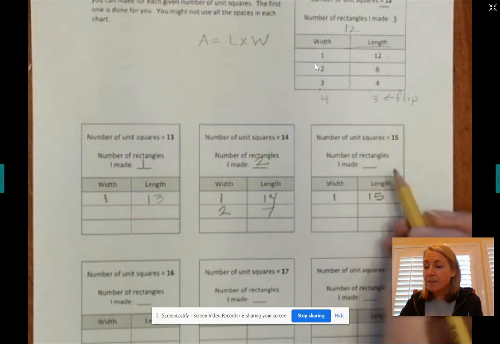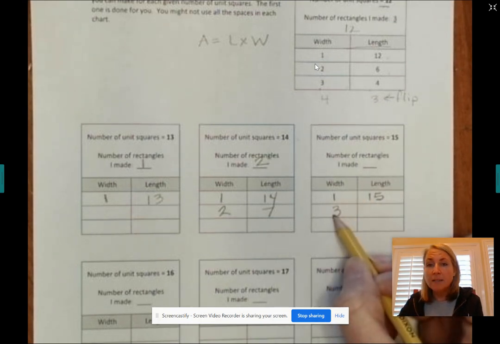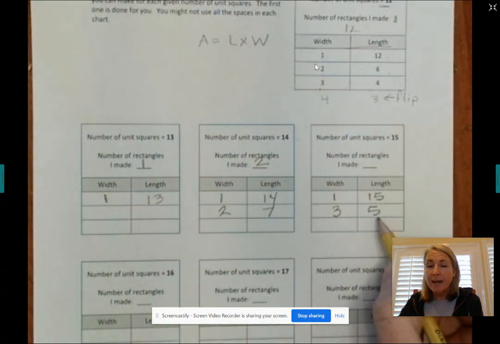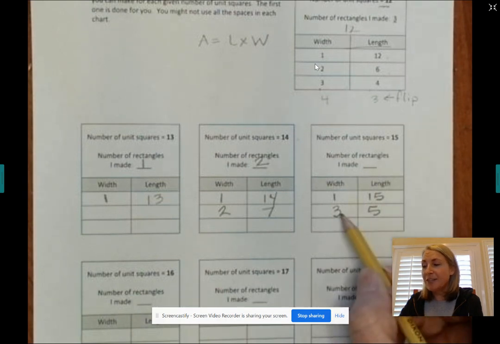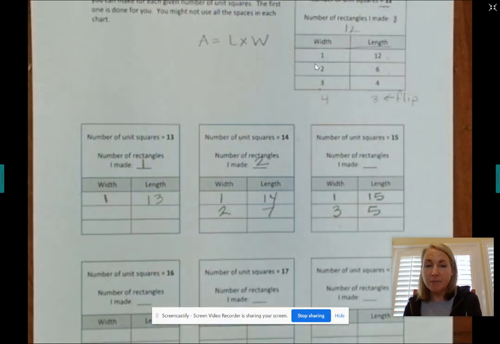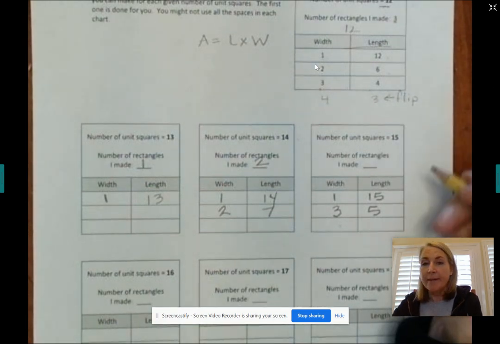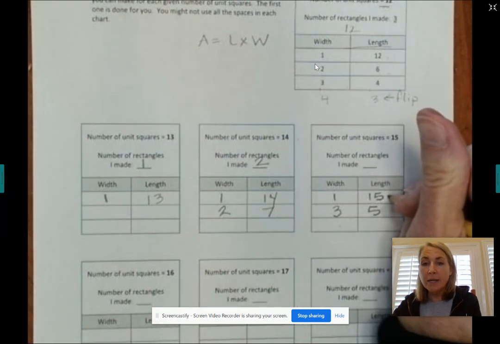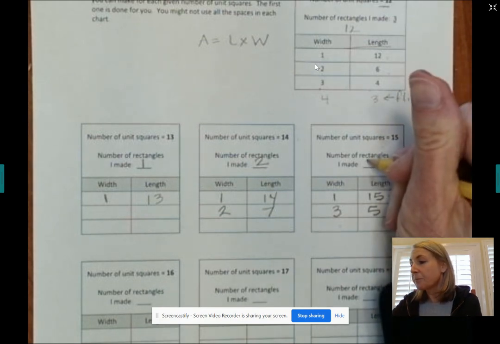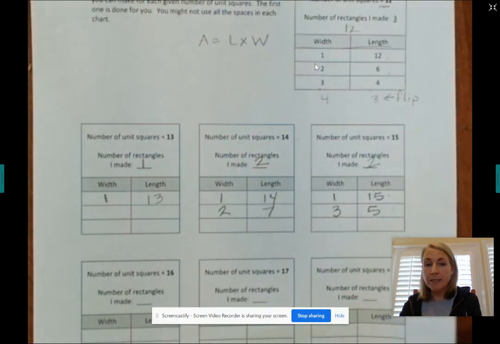It's not a 2 fact, but it is a 3 fact. 3 times 5 equals 15. 6 times anything? No. 7 times anything? No. 8 times anything? No. And I accidentally skipped over the 4 and 5. I should have done 4 times anything? No. 5 times anything? I would have hit the flip, and I wouldn't even have gotten to 8. I don't know if you caught that mistake, but I eventually did. So I made one rectangle that was 1 by 15, and a second rectangle that could be 3 by 5. So I've made 2 possible rectangles.